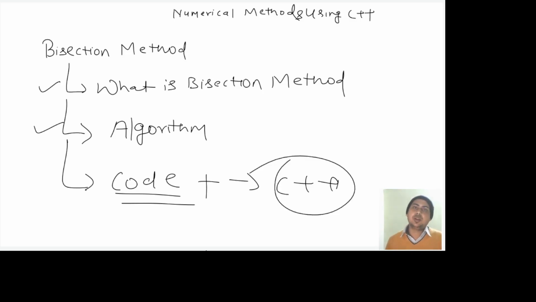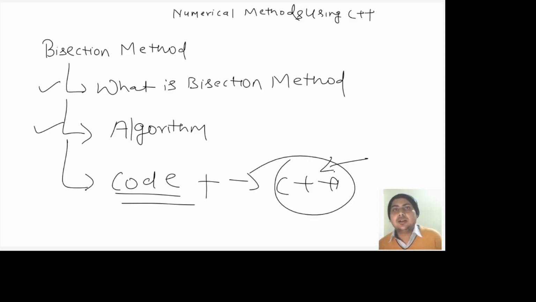In this way you will also learn the fundamental concepts of coding, but our main focus will be on the numerical methods. Of course, I will discuss the concepts of C++ whenever required. At the end of this lecture series, you will be familiar with C++, first thing, and second, you will be familiar with numerical methods.